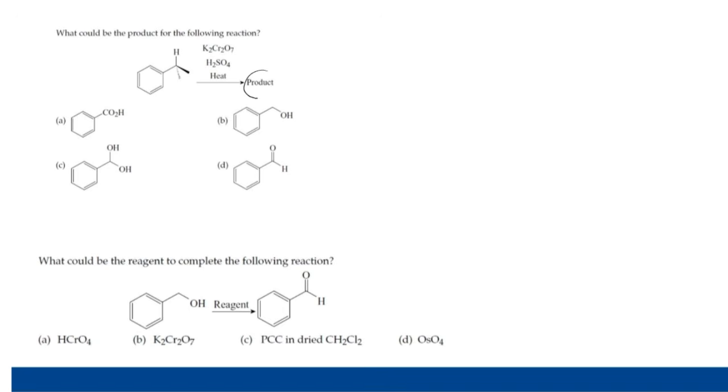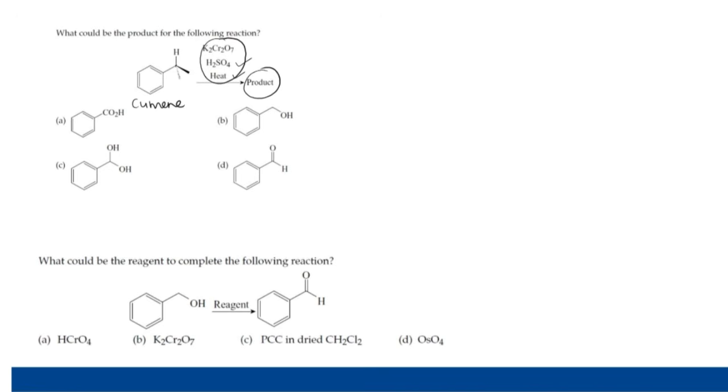Let's find out the product for the given reaction. When isopropyl benzene, that is nothing but cumene, is treated with potassium dichromate in acid upon heating, what should be the product? This reaction condition is so harsh that not just alcohols, even hydrocarbons will undergo oxidation.